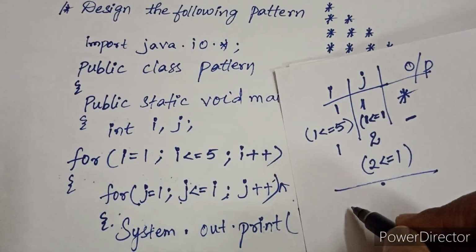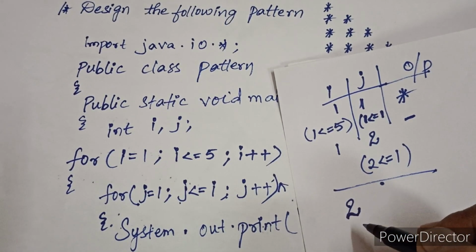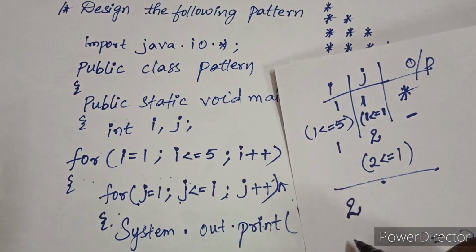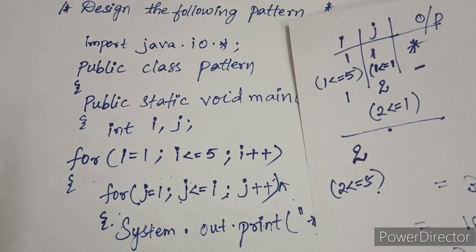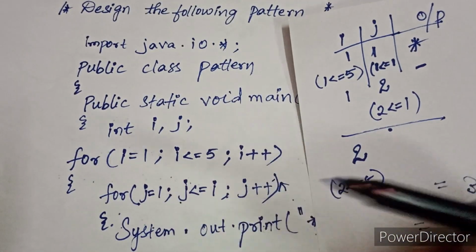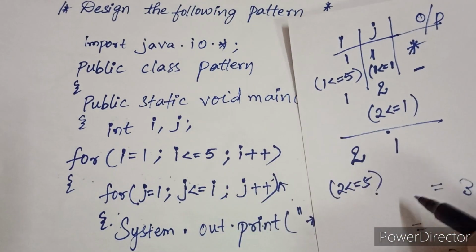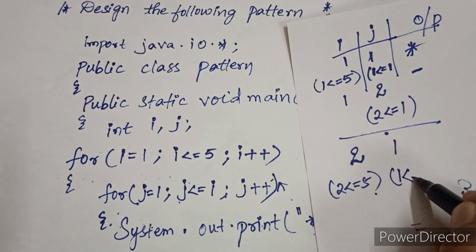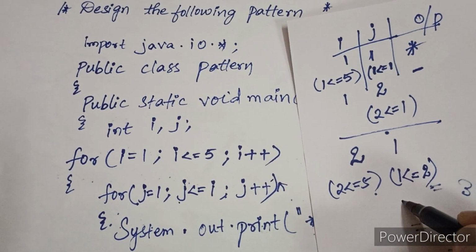Now this is your second iteration. Now i becomes 2. 2 is nothing but the second row. 2 is less than or equal to 5. The condition is true. When this condition is true, it will enter into your inner loop. Now the j value is 1. Then you are checking the condition. 1 is less than or equal to 2. The condition is true.